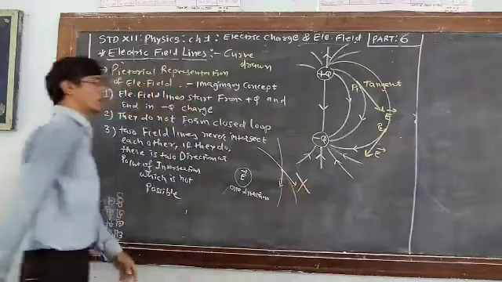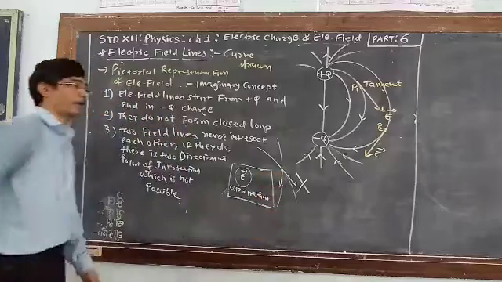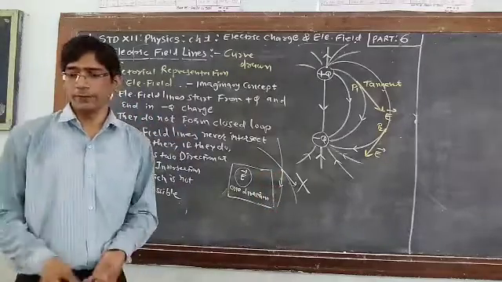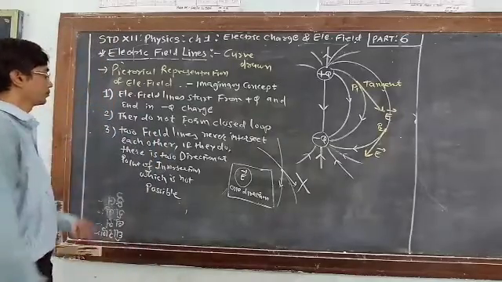So this is not possible because electric field is a vector quantity and it has only one direction. If you take any vector quantity, it has only a single direction, one direction.